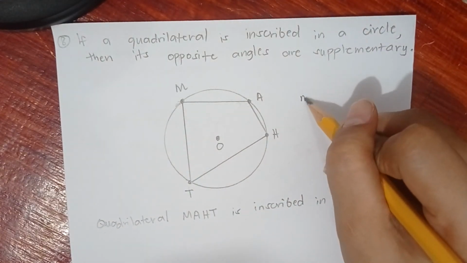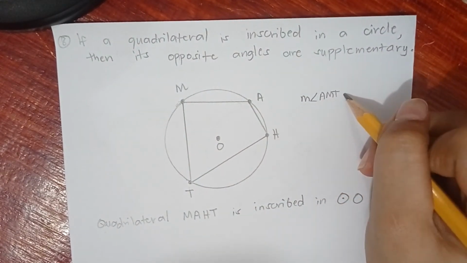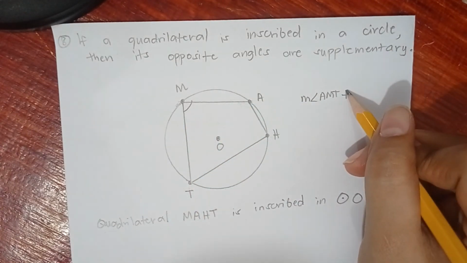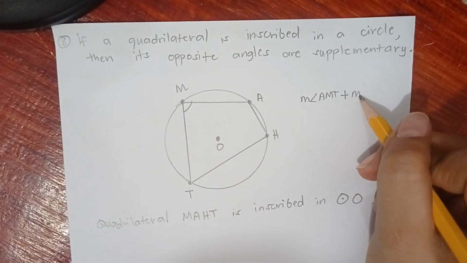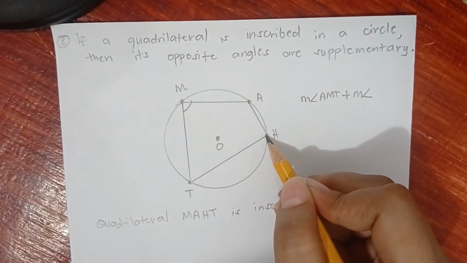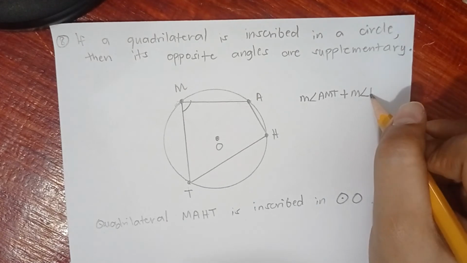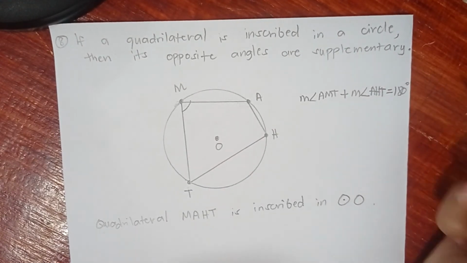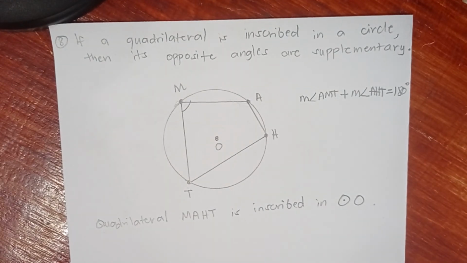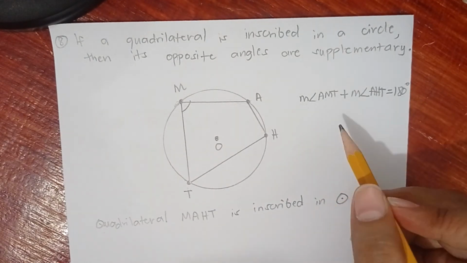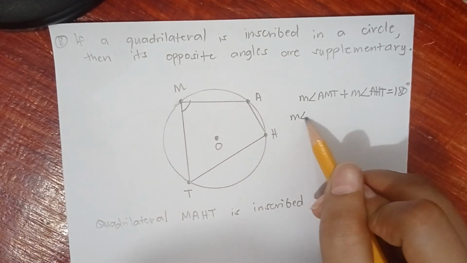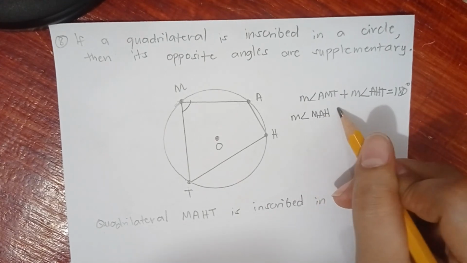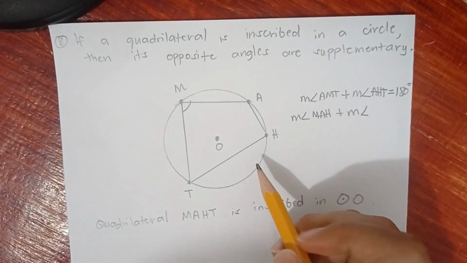Therefore, yung opposite angles must be supplementary. For example, the measure of angle AMT, asan yun? AMT, ito, plus the measure of angle, asan yung opposite niya, yung katapat niya, AHT, must be equal to 180 degrees. Okay? Ano pa? Measure of angle MAH plus the measure of angle, anong opposite niya?